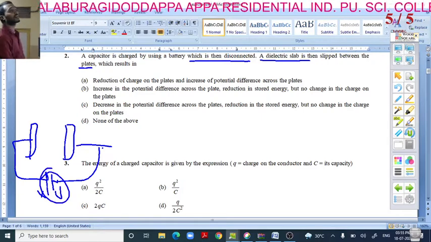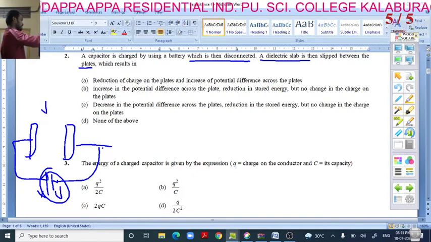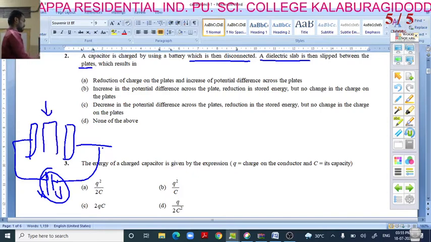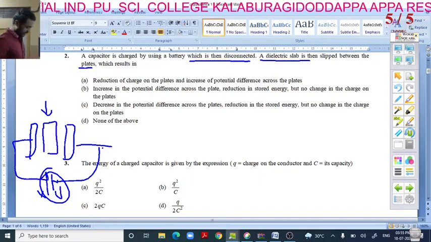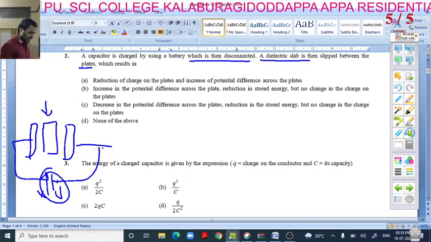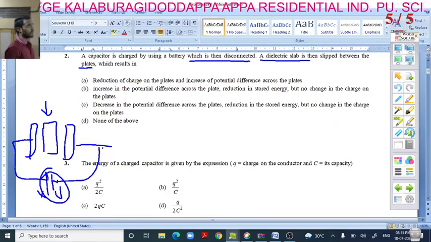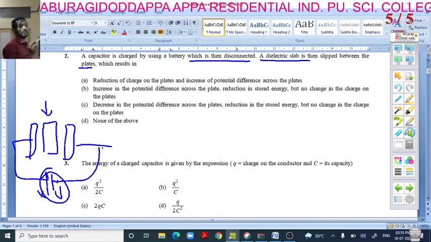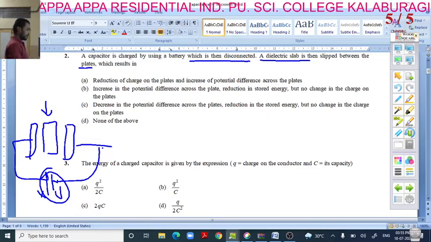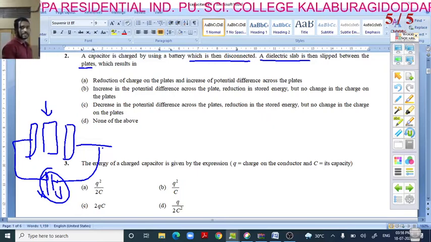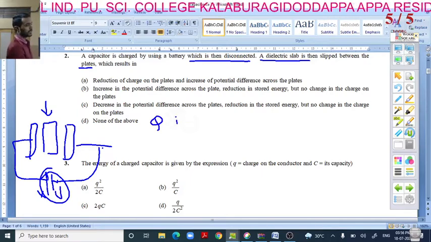Right? Disconnected. A dielectric slab is slipped between the plates, which result? Battery is disconnected, so Q will be constant. As we say, charge is a conserved quantity. Whether you keep the battery or disconnect it, Q remains the same.